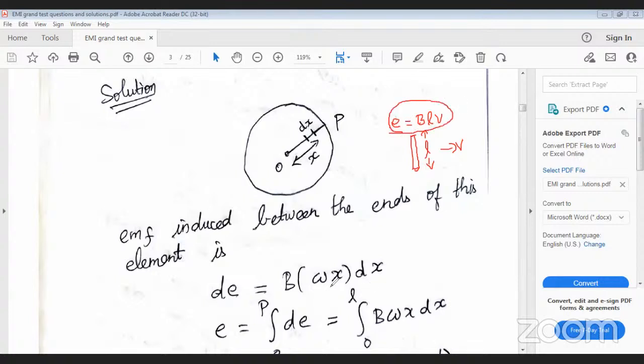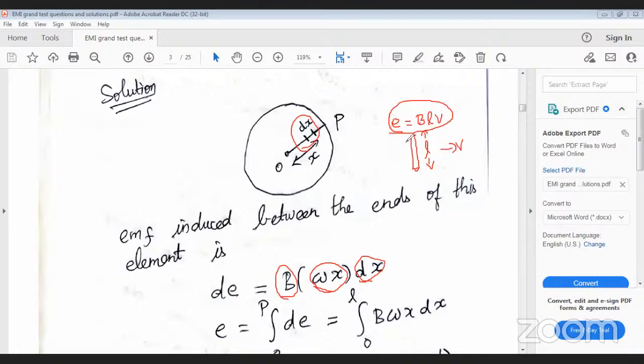Based on this equation, I am writing B as the magnetic field, and L is the length of this element, that is dx. Instead of L, the length of the small element is dx, and here I have written omega x instead of v.